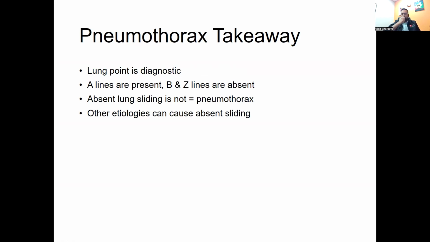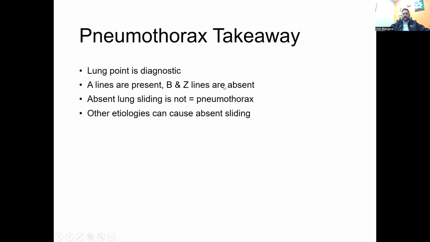So some of the takeaways here from pneumothorax is that lung point is often considered diagnostic. Generally, with ultrasound, we tend to rule things out, but lung point is one of those rare things where if you see that, you could be pretty comfortable ruling things in. A lines are generally present when there is a pneumothorax.